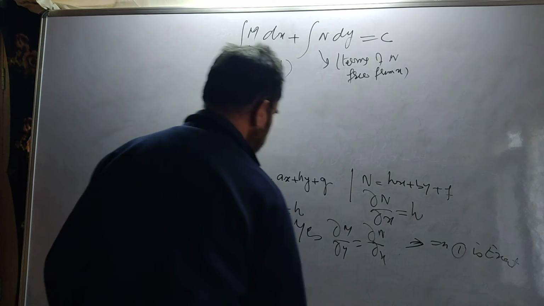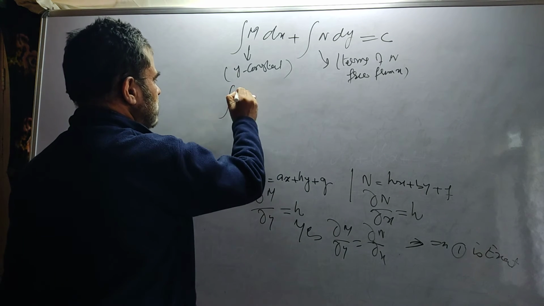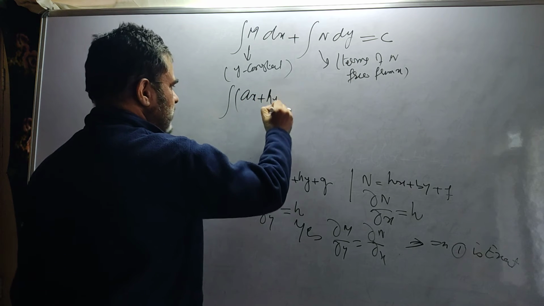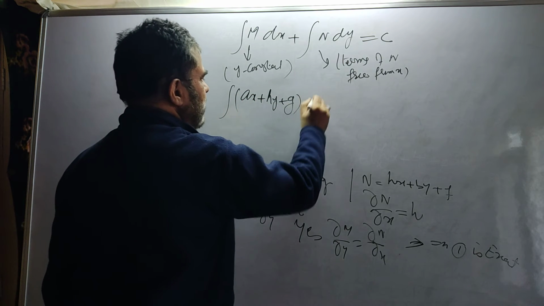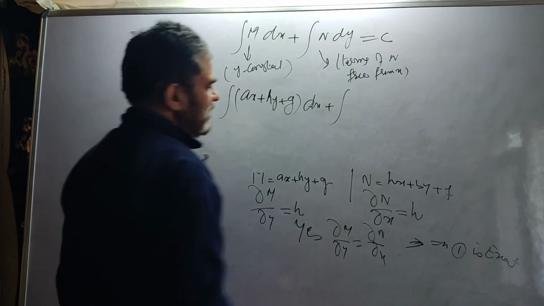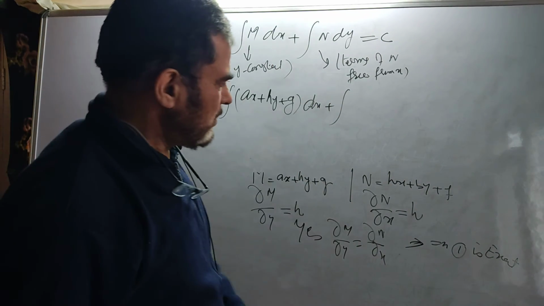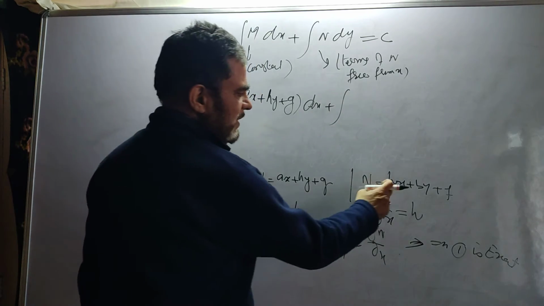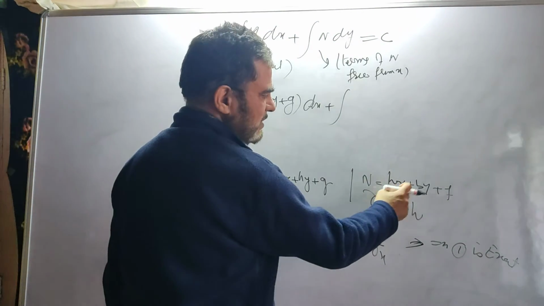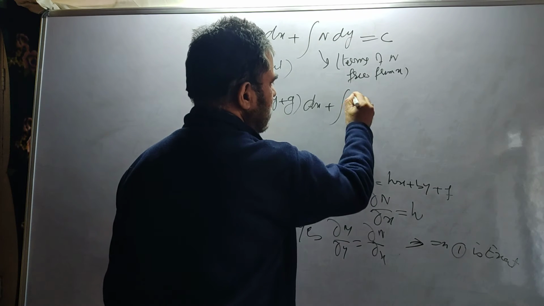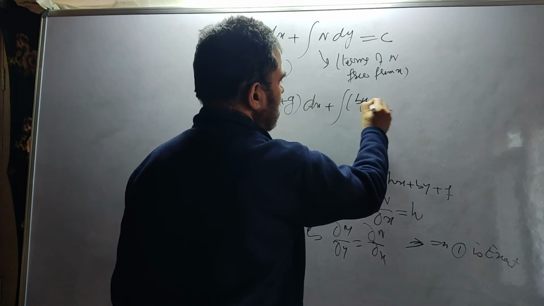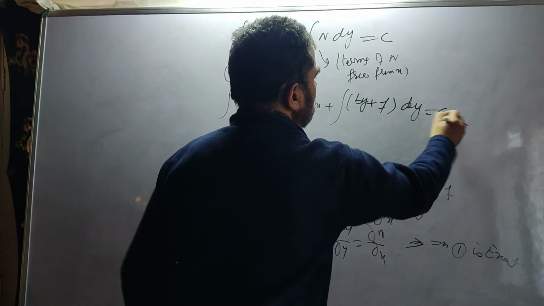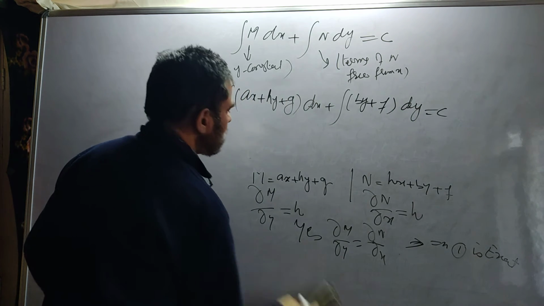I have to write the whole M, that is ax plus hy plus g dx. But in case of N, I have to drop those terms which involve x. Here it is by plus f dy is equal to c. Now you can write the solution.